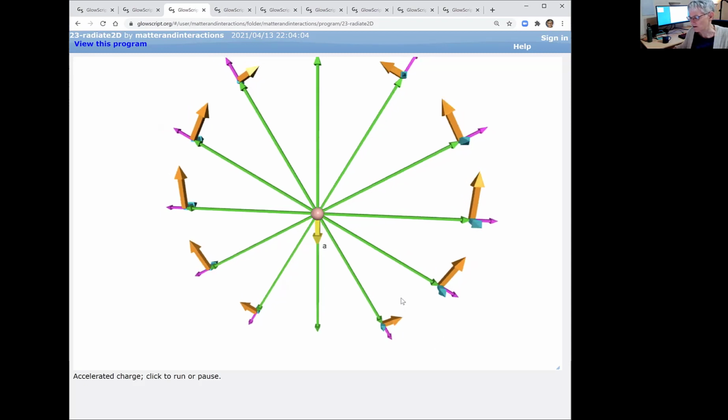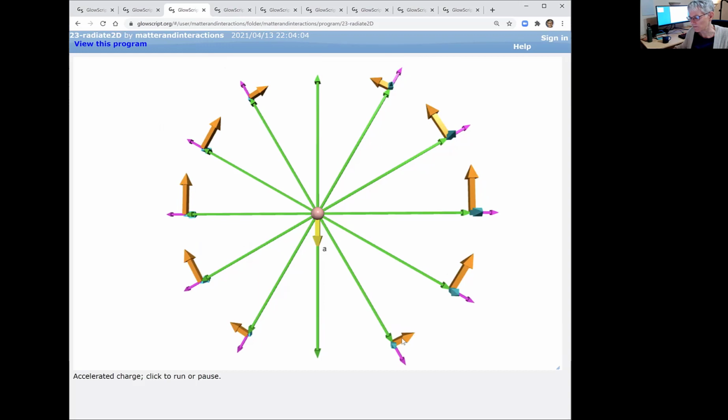Here, again, E is perpendicular to R, and it's smaller in magnitude because the perpendicular component of the acceleration is smaller. And then when we get down to the bottom, the component of A perpendicular to R is 0, so the magnitude of E is actually 0 here.